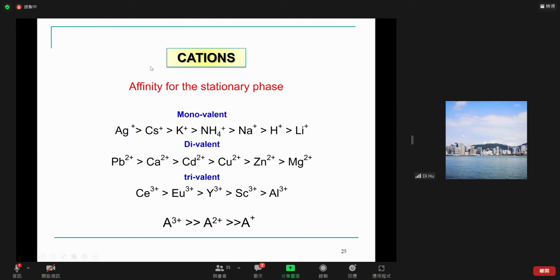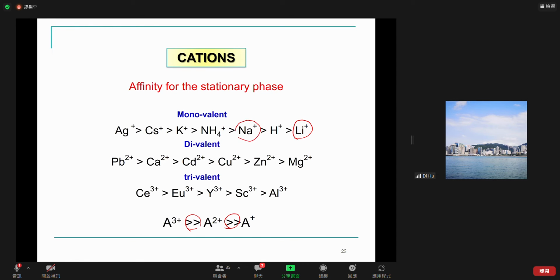So this is for anions. And there's a general affinity order for the cations. Pay attention here: for cations, the difference between the trivalent, divalent, and monovalent is even more obvious and stronger than what we see in anions. As a general rule, trivalent ions have much stronger affinity to the stationary phase than divalent ones, and than monovalent ones. Among the monovalent ones, did you see the familiar ones?